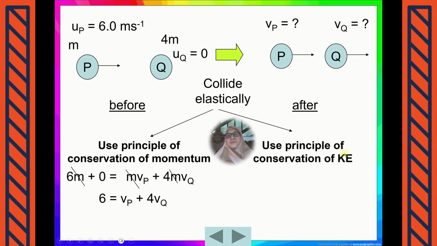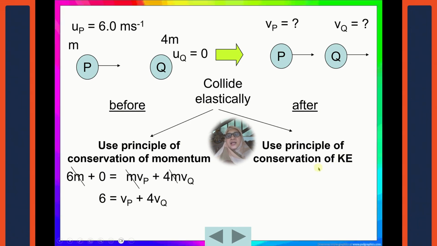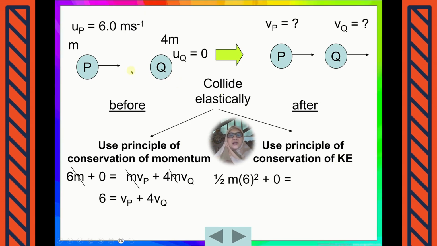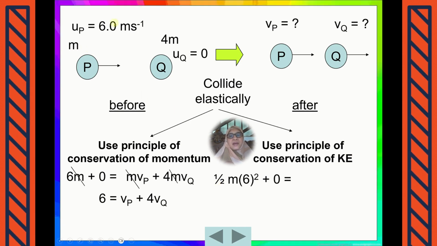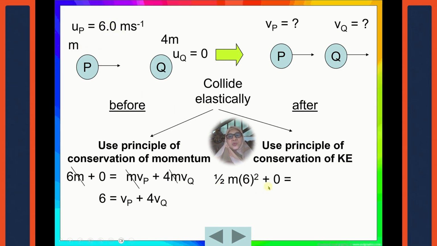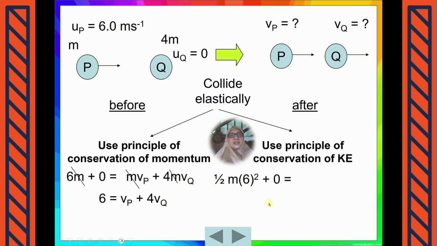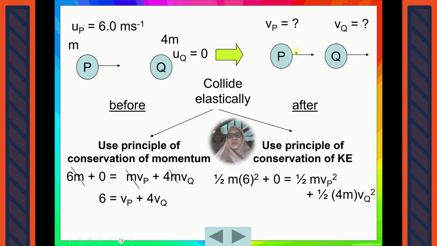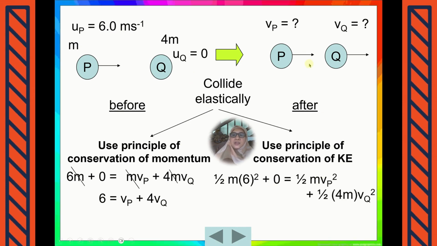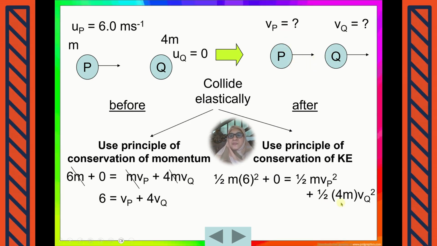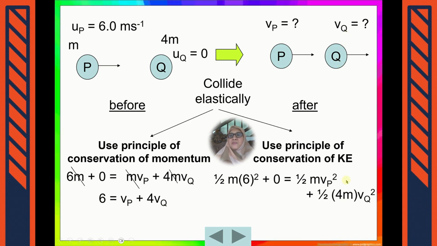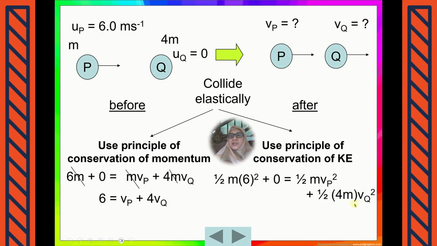Using the principle of conservation of kinetic energy, the total kinetic energy before is half m times 6 squared, plus the kinetic energy of Q which is 0, equals the total kinetic energy of P and Q after collision, half m Vp squared plus half times 4m times Vq squared.